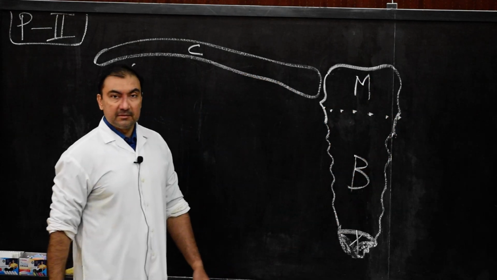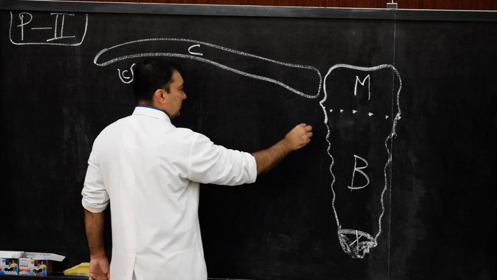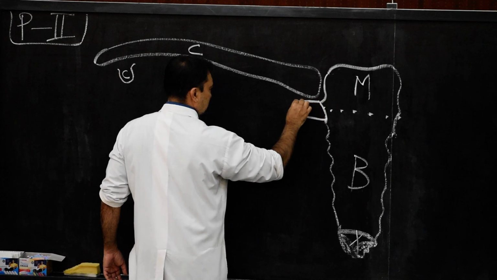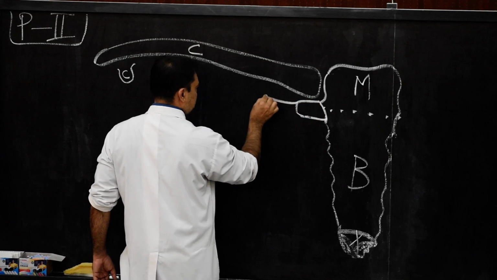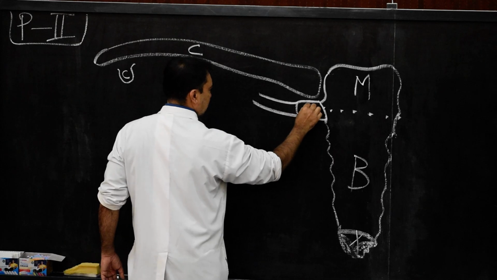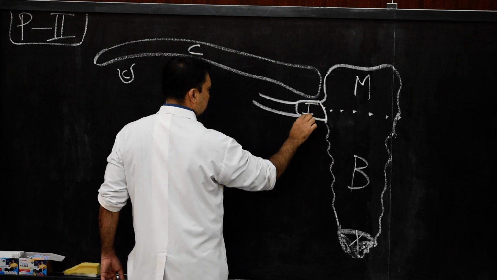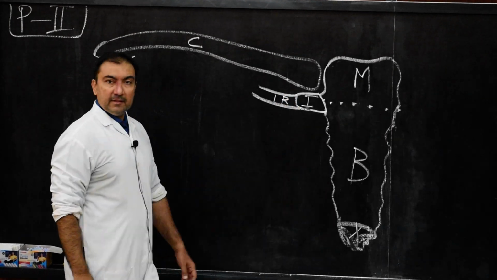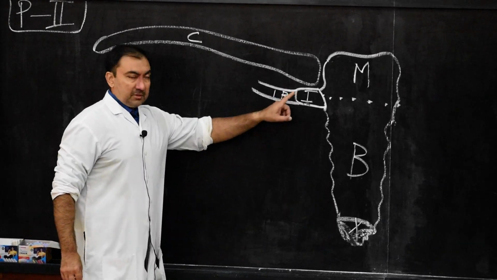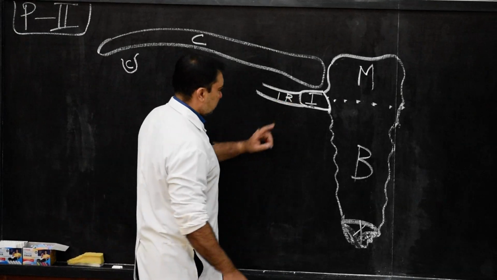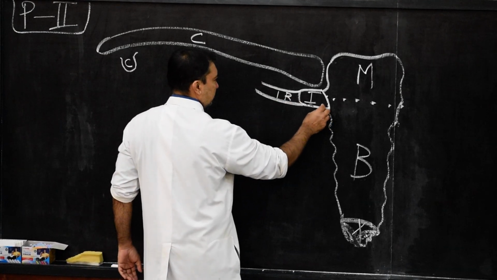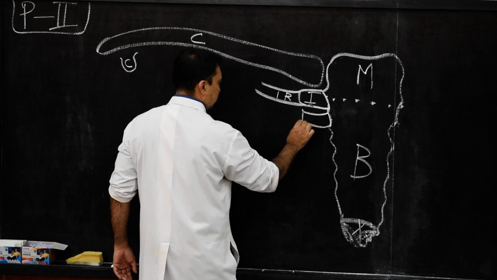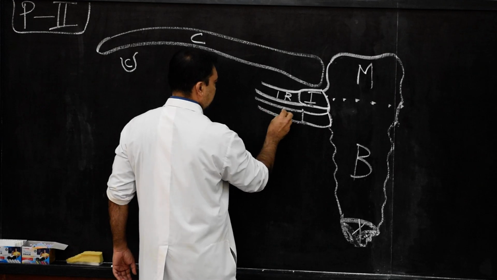And this is the line of demarcation. Now we are going to show the cartilage. This will be the first costal cartilage and this will be the first rib. So this is the first costochondral junction. Then we show the second costal cartilage and second rib.